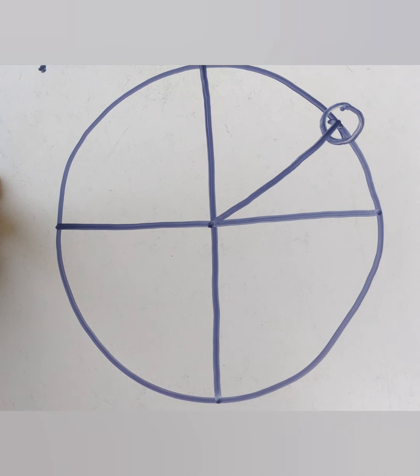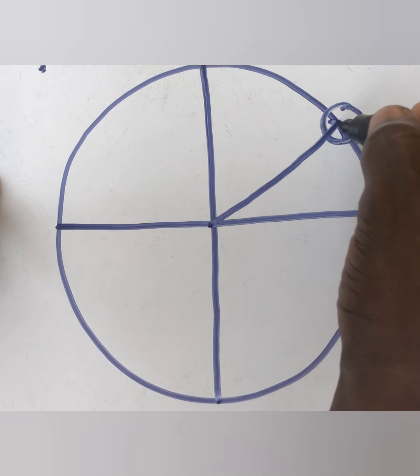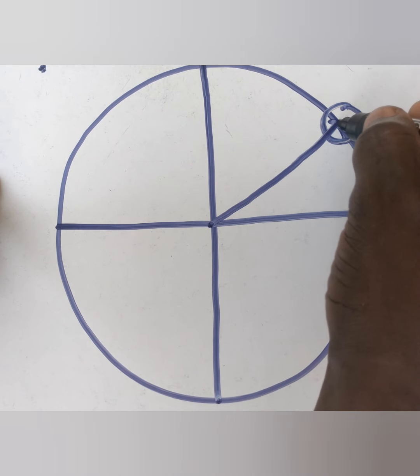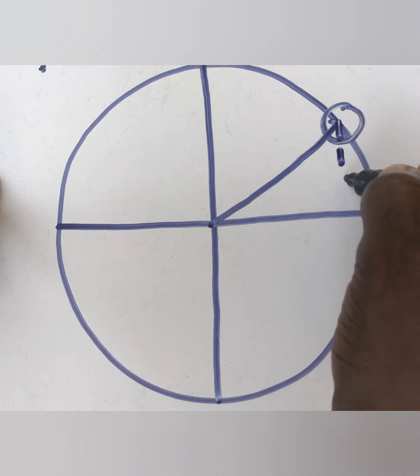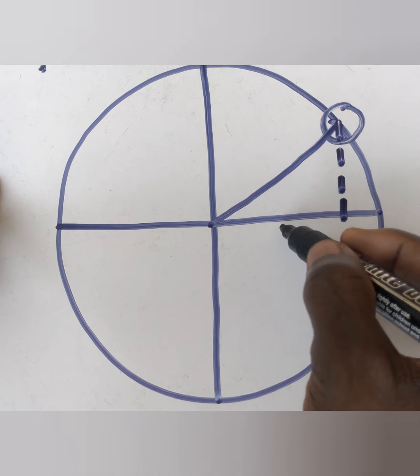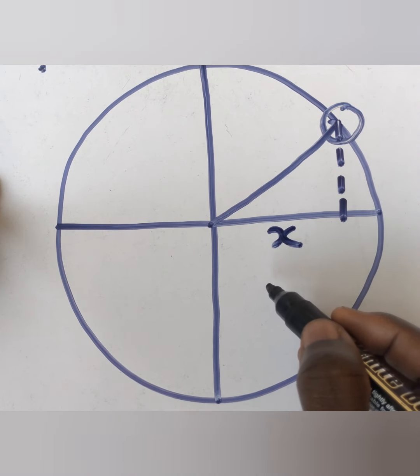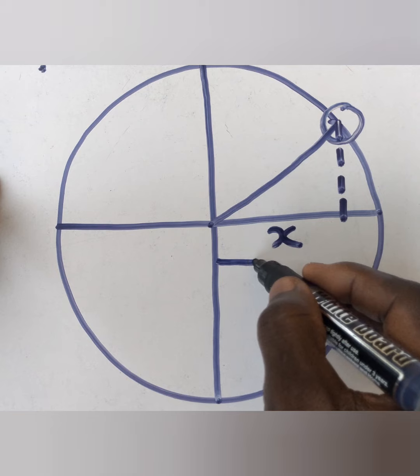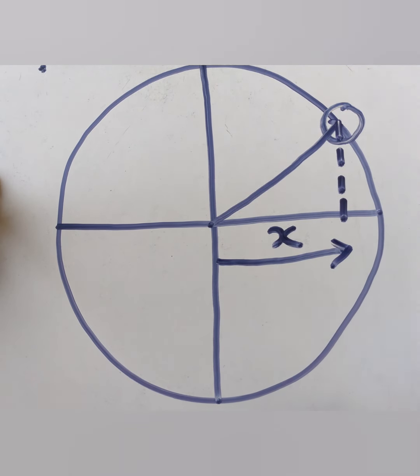And if I draw a perpendicular from where the object is to this line, this will be my x, where x is the distance from this point to this point.